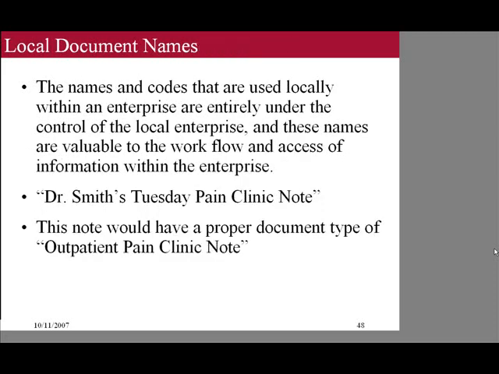The expectation is that people will have needs for local document names that are more specific than the LOINC codes that are created for the document name. And those codes can be carried in the message.